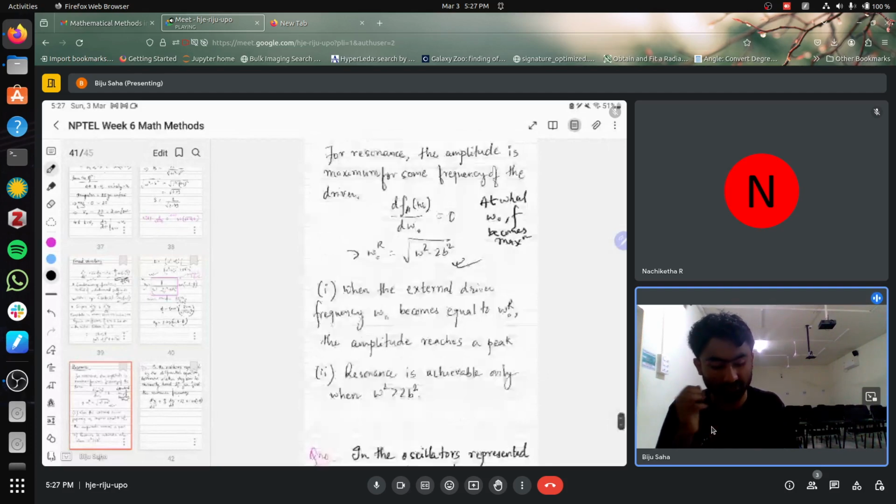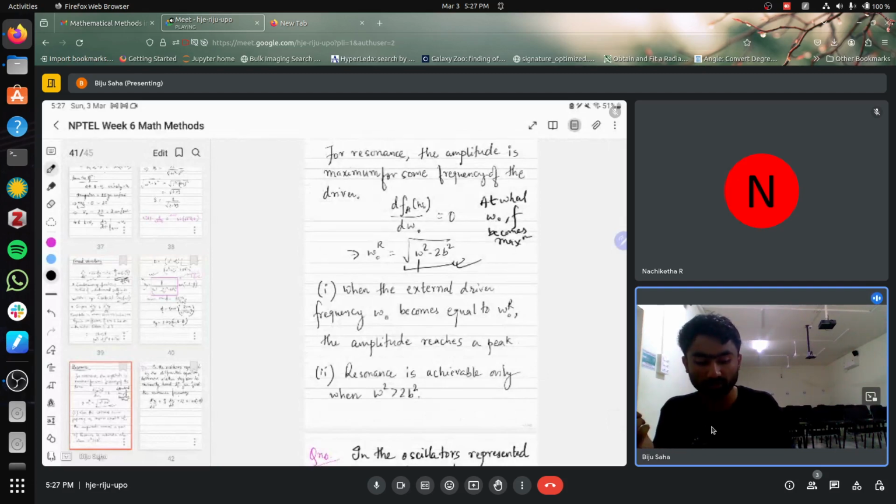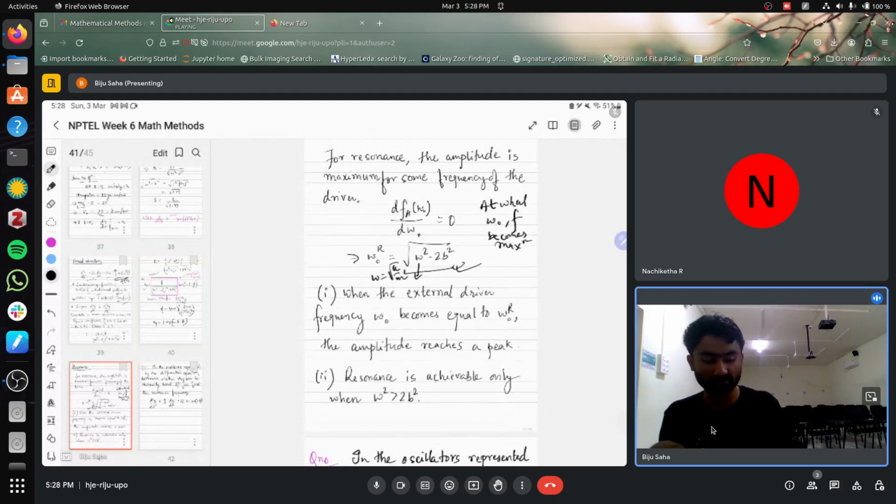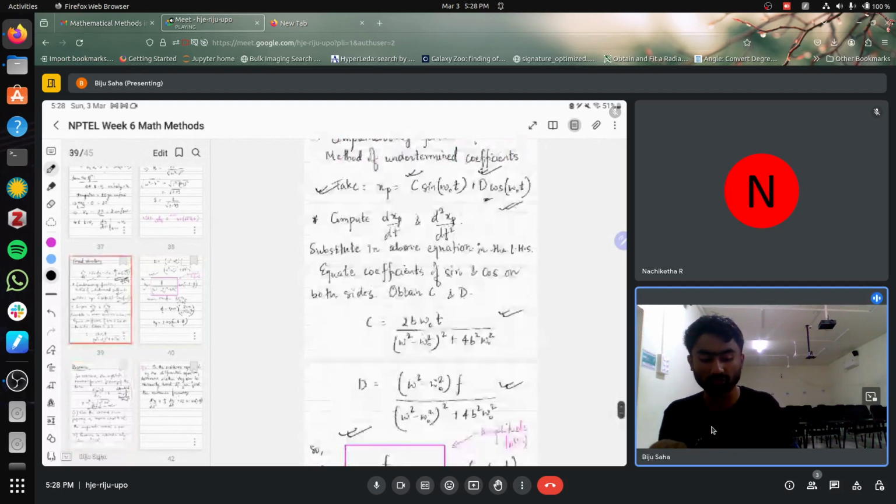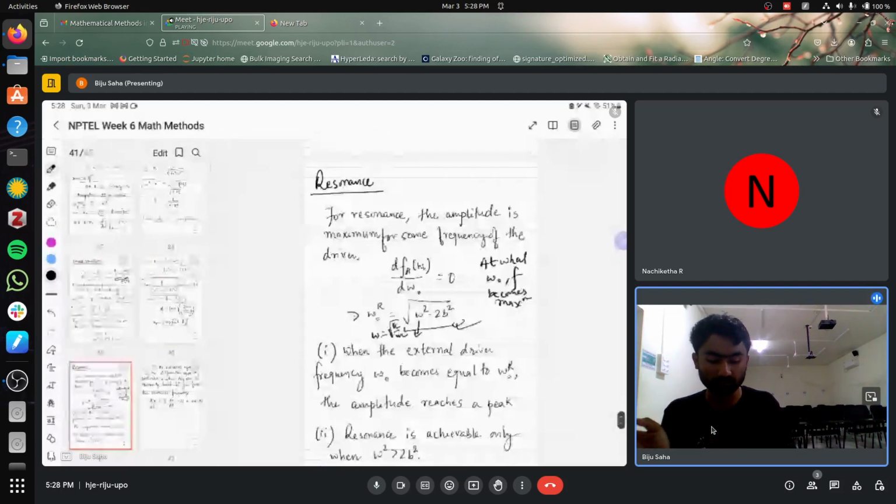When the frequency of the driving force becomes equal to this particular value, the amplitude reaches a peak. Here omega is root of k by m, where k is the spring constant, and b is associated with the damping force. So when the frequency of the driving force becomes equal to root of omega square minus 2b square, at that point there is a peak in the amplitude. That is known as the resonance frequency.